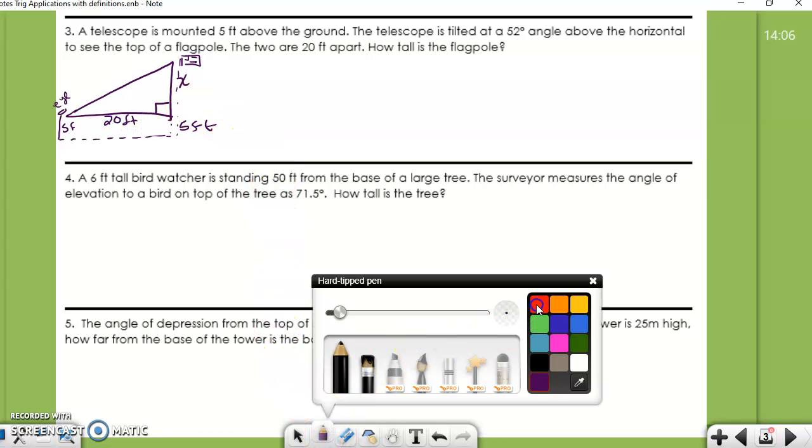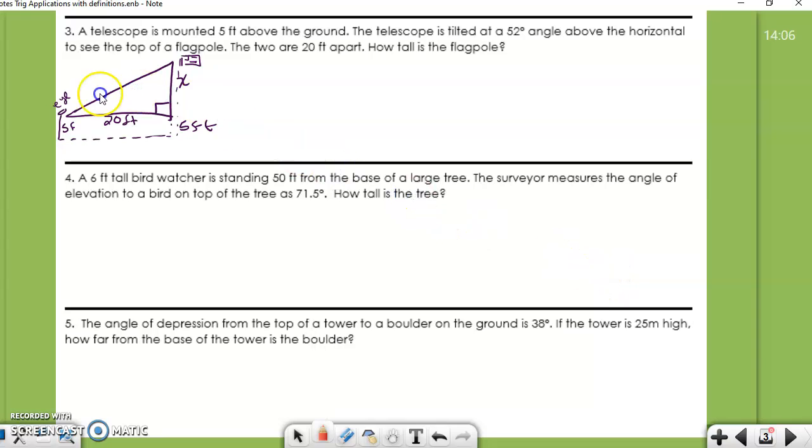Once I've got my drawing, it tells me that the angle of elevation looking up at the top is 52 degrees. So I've got that. So now I know that, let's see, I'm looking for my opposite and I have my adjacent, so that's the tan. So here tan 52 equals my opposite, which is x, over my adjacent, which is 20.